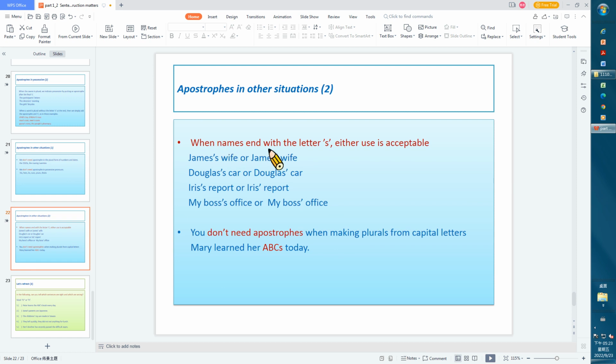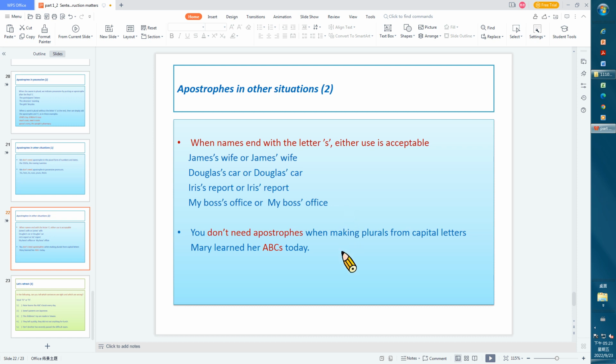When names end with the letter S, either use is acceptable. James' wife or James's wife, Douglas' car or Douglas's car, Iris' report or Iris's report, my boss' office or my boss's office.